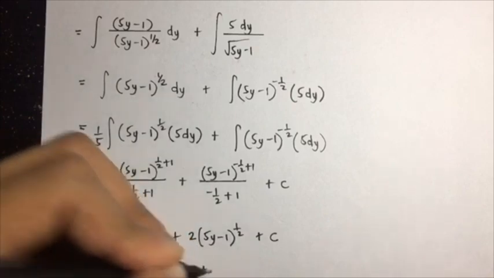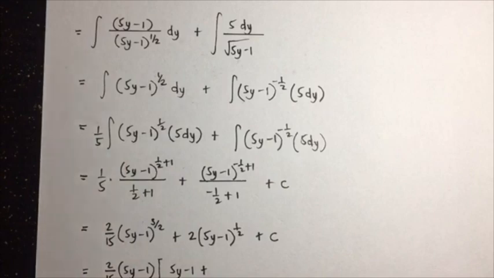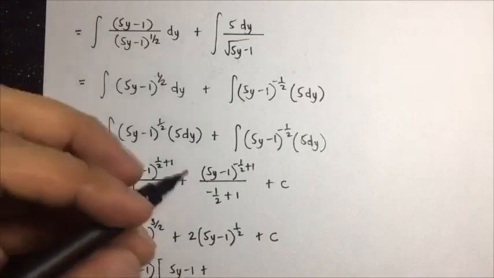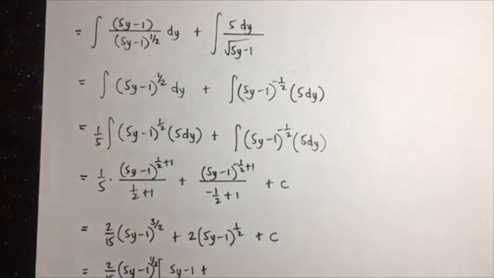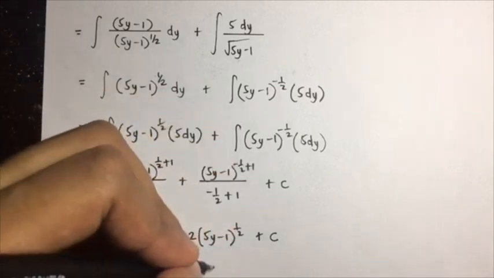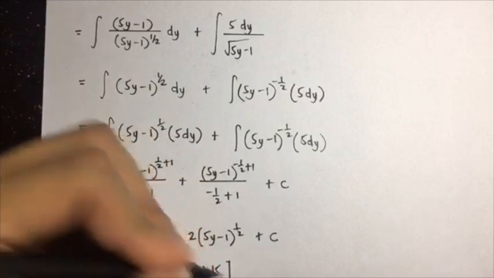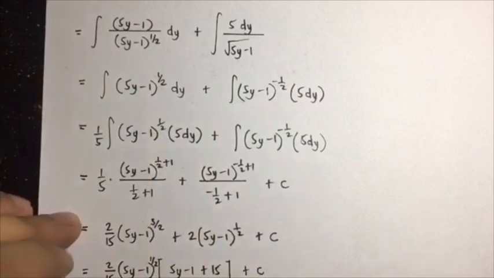plus, we will factor (5y minus 1) raised to 1/2. Okay, so here what will remain is plus, this divided by this is equal to 15. Okay, plus c.